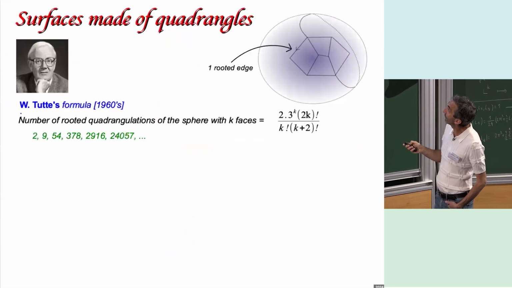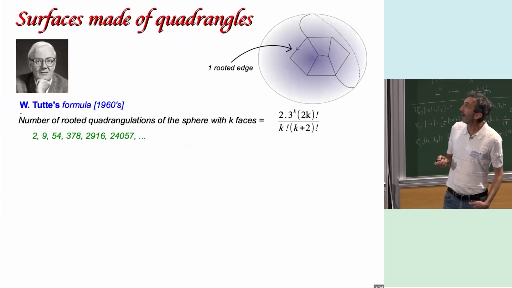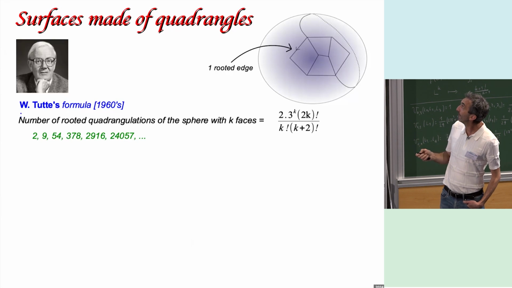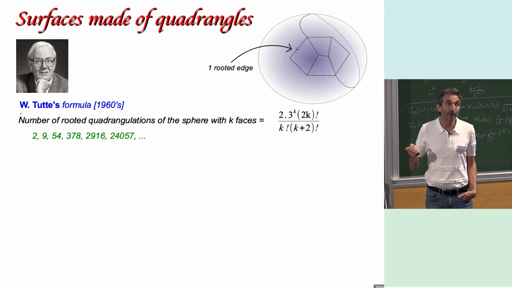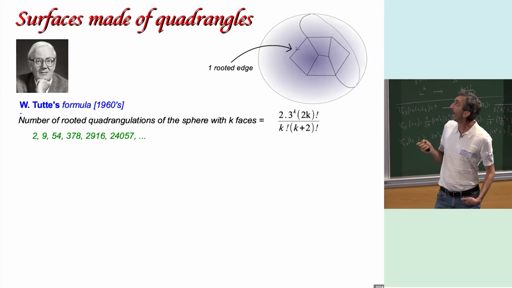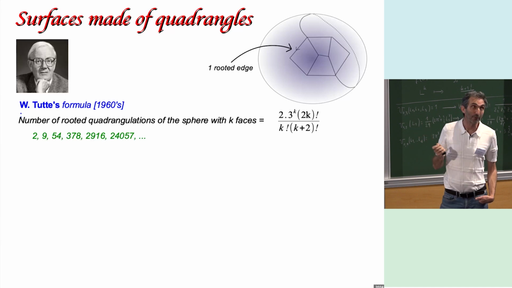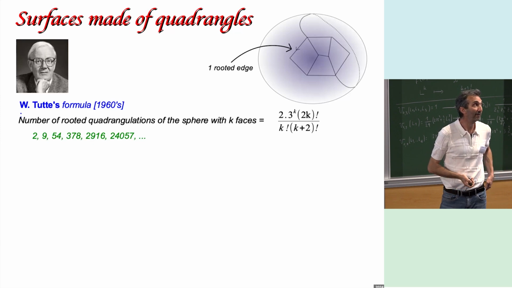In fact, the first one to count maps was Tutte in the 60s, and he was counting the following problem. You glue quadrangles. In how many ways can you glue a certain number n of quadrangles, such that topologically you get a sphere?